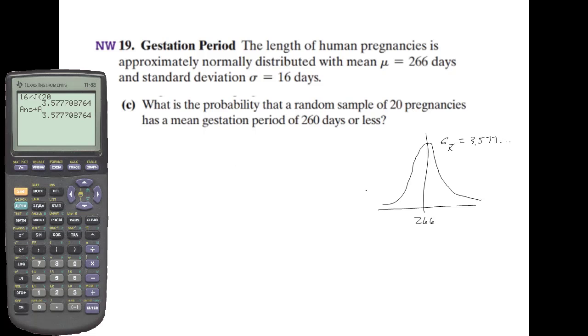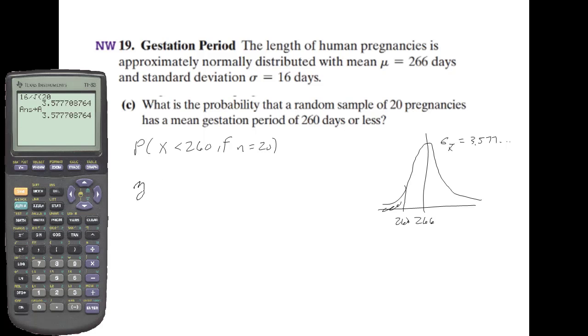And I want the mean to be less than 260. So I want the probability that x bar is less than 260 if n is equal to 20. I want to find that.